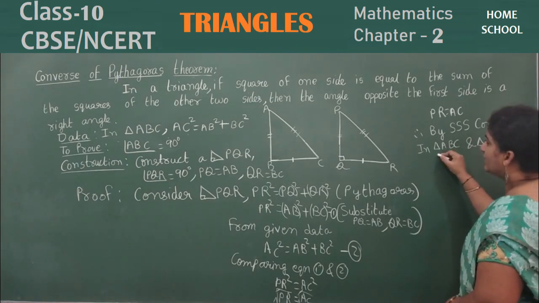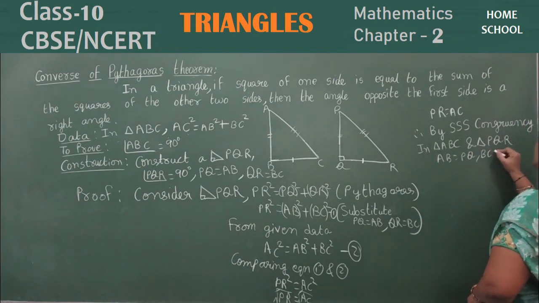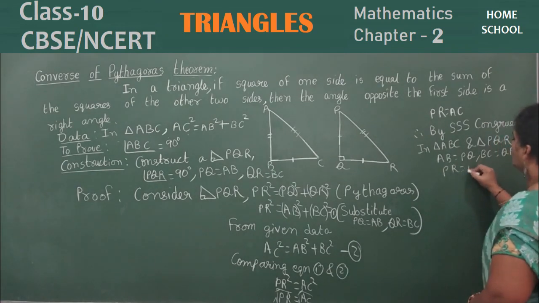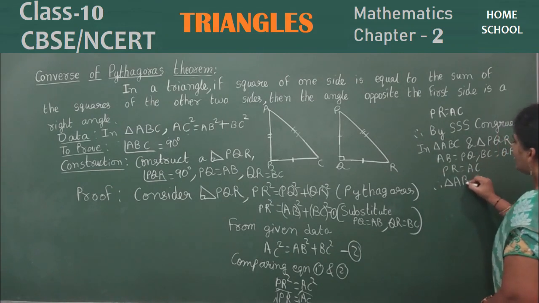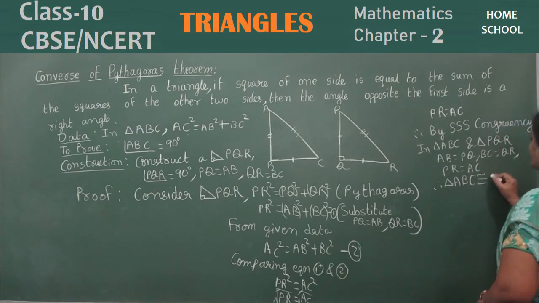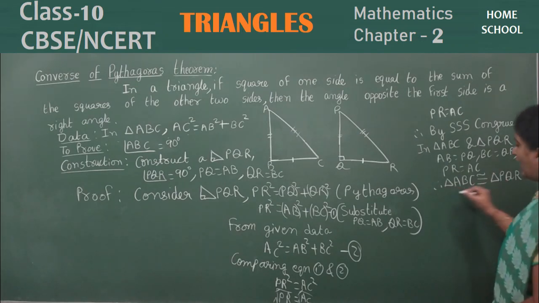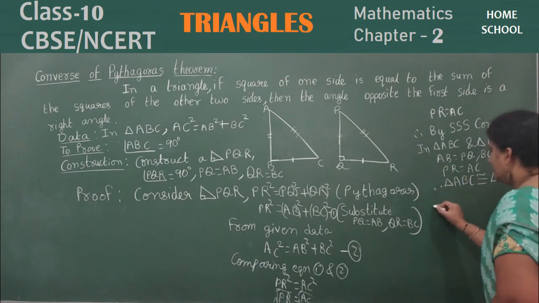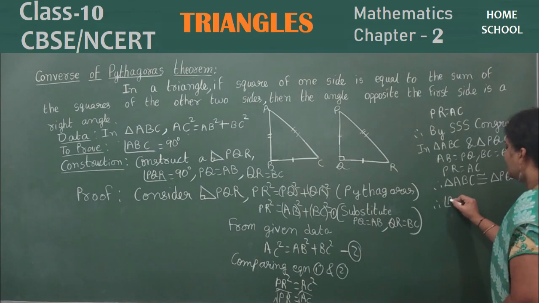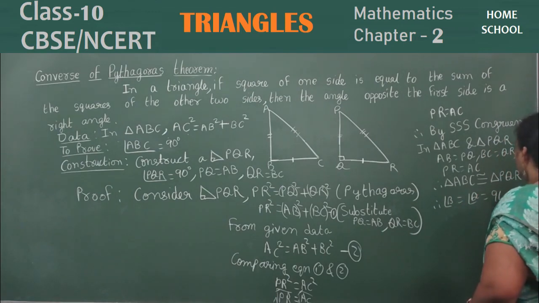What can I say here? AB is equal to PQ, BC is equal to QR, and PR is equal to AC. Therefore, finally, triangle ABC is congruent to triangle PQR. If they are congruent, I can equate the corresponding angles. Therefore, angle B is equal to angle Q is equal to 90 degrees.